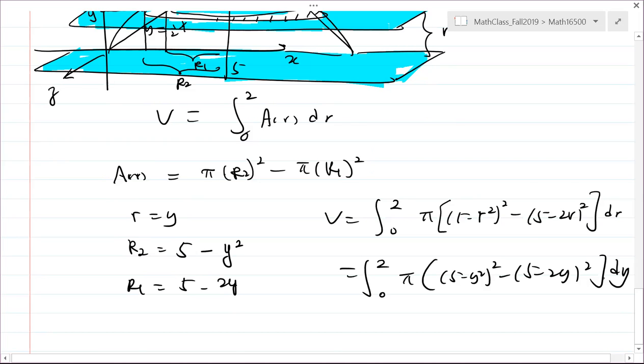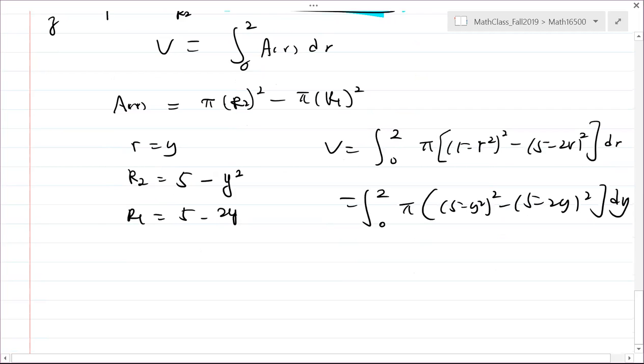Done. All right, so you set up 2 integrals. All right, so you go over this when you get home. Okay, those are the problems that will be on the test.